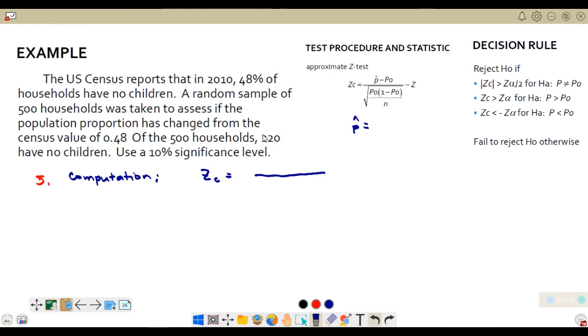A is the total number of respondents who qualified dun sa condition natin na no children. So, meron tayong 220 divided by 500, which is, just wait a moment, kuha tayo ng calcu.